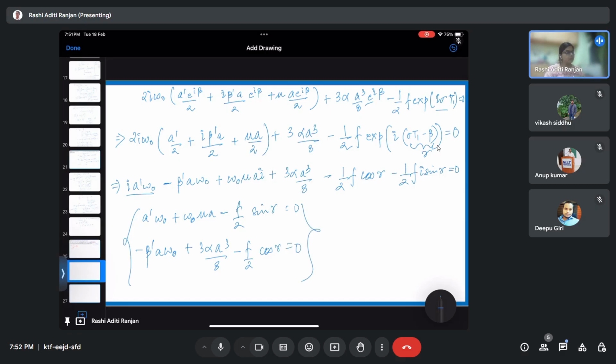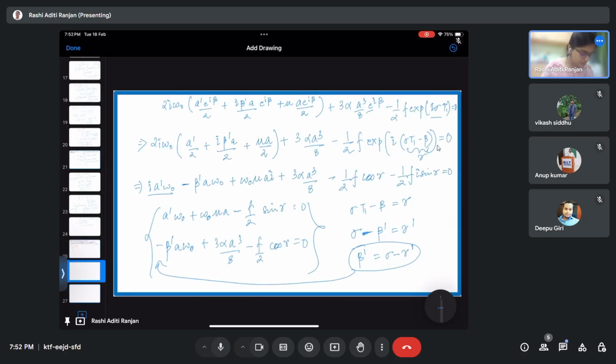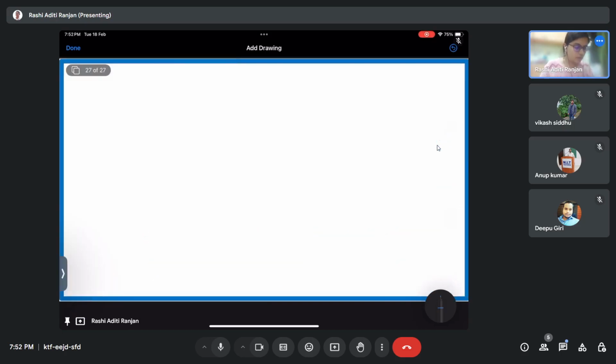Secondly, I considered sigma into T1 minus beta is equals to gamma. So if I differentiate this with respect to T1, what am I going to get? Sigma minus beta dash is equals to gamma dash. So I can replace beta dash as sigma minus gamma dash, and I can use it over here, right? If I use this, what am I going to get?